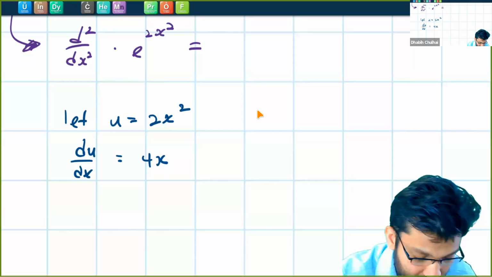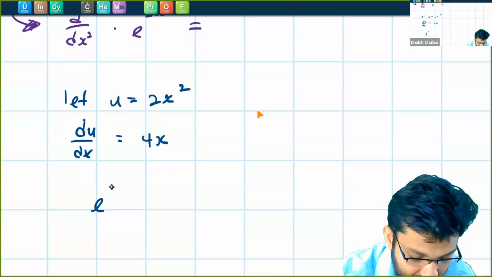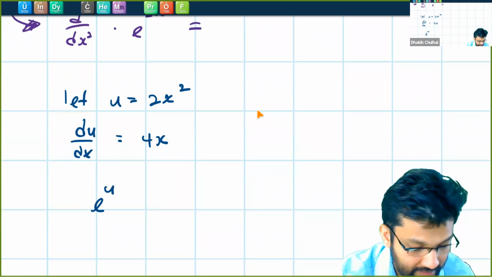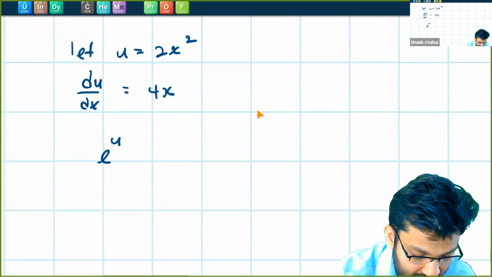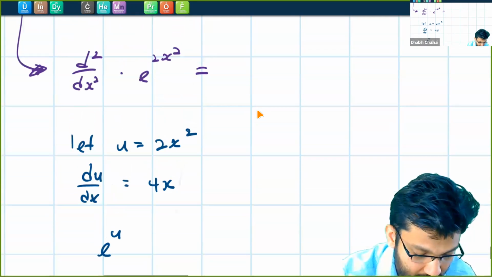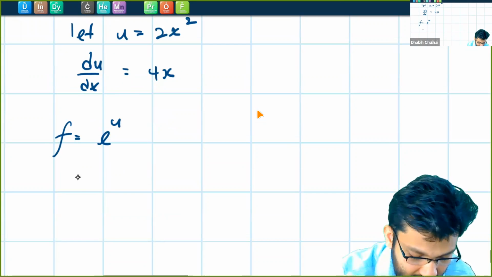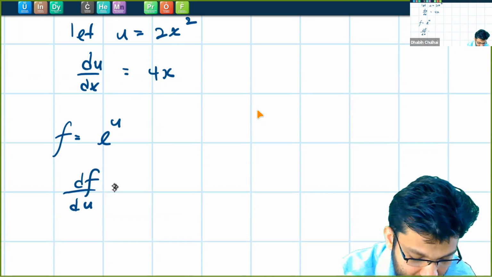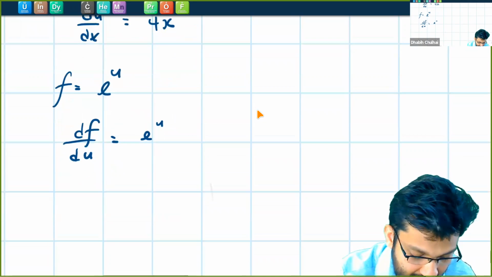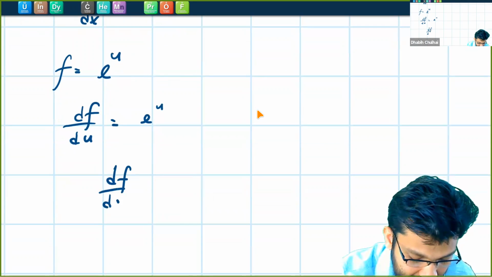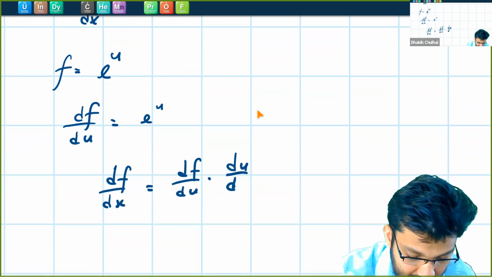All right. So the original function becomes e to the u. Let's call this function f. So df/du is also e to the u. And so df/dx is equal to df/du times du/dx.